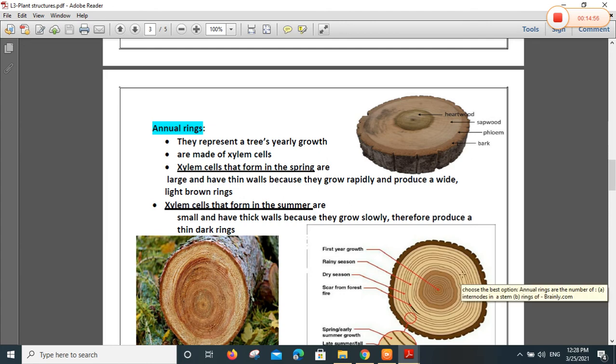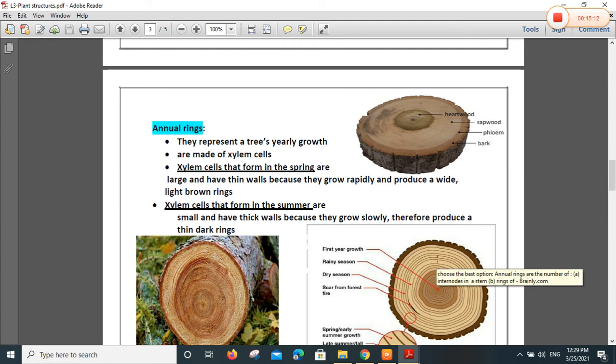Because they grow rapidly and produce a wide light brown ring. Large, thin walls, and wide light brown rings.